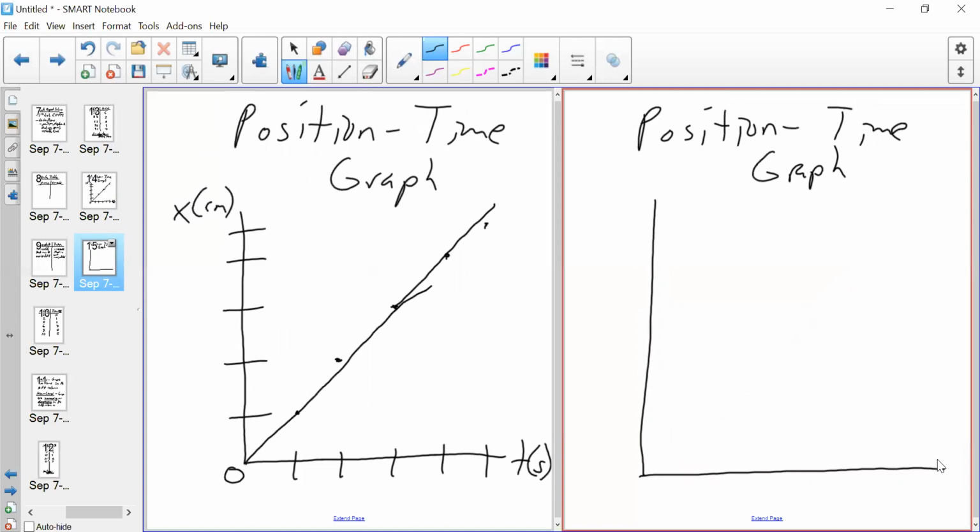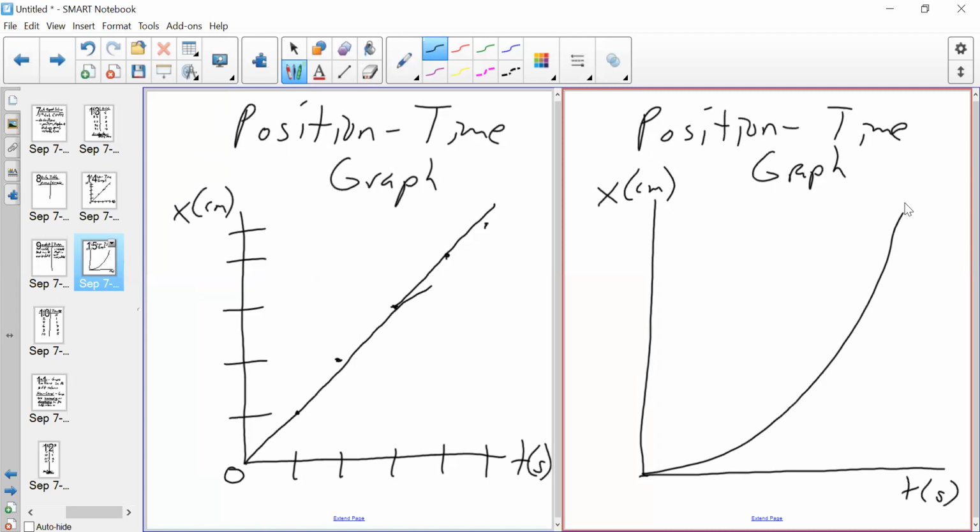So in that case, you're going to draw a best fit curve that shows that the car is increasing position dramatically. So in this case, we will have a curve that looks something like that. And if you compare it with CVPM, we're going to have motion worksheets and all that stuff to make sure that we understand that this is an acceleration curve.